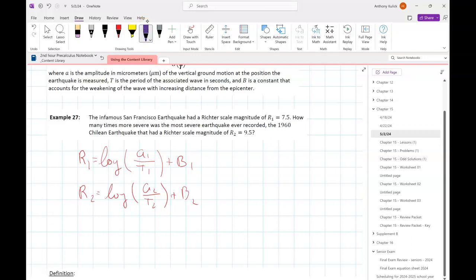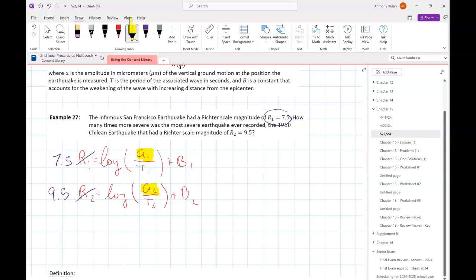And it should seem pretty clear that I'm going to put 7.5 in here, and I'm going to put 9.5 in here. What we're interested in is how much more shaken the 9.5 was than the 7.5. So we're going to want to be comparing the A1 to the A2, to see how much more up and down the A2 was than the A1. Everybody's cool with the plan?